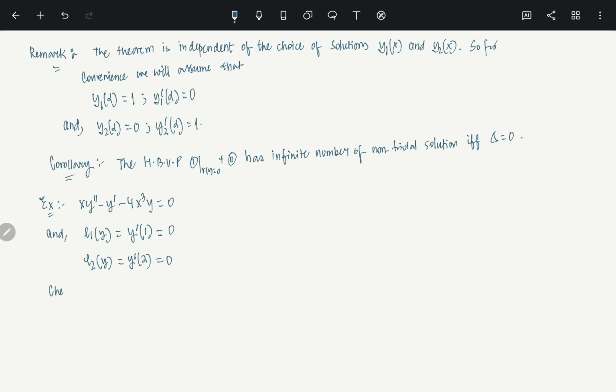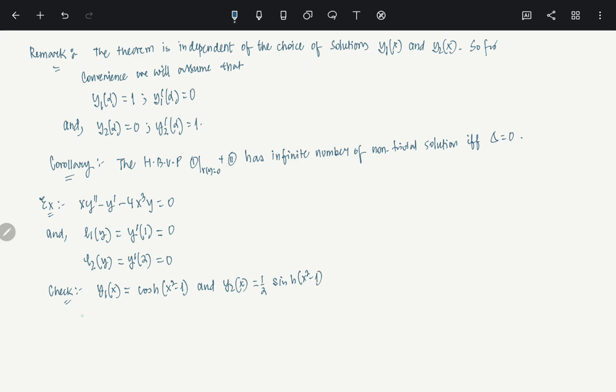Check that y1 of x is cosine hyperbolic of x square minus 1, and y2 of x is half sine hyperbolic of x square minus 1.